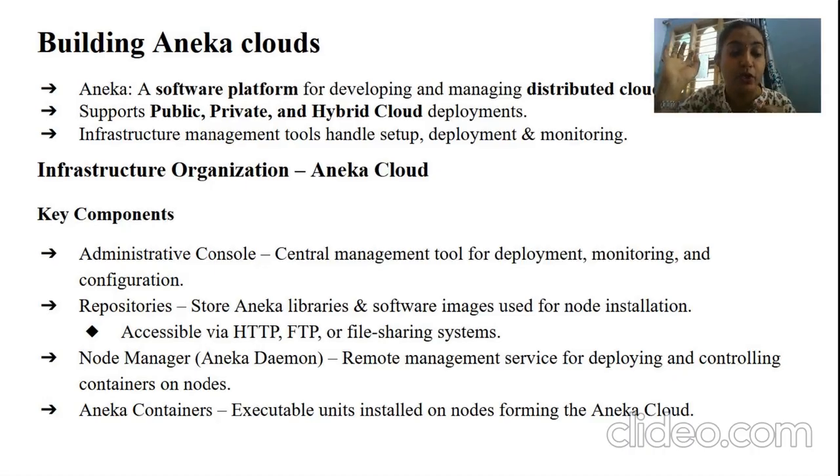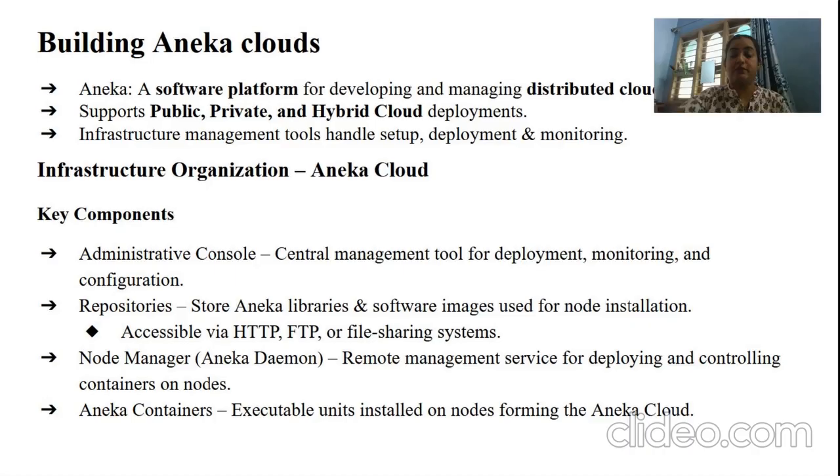Okay. So what are the key components involved in this infrastructure organization? The first and foremost thing is the administrative console, a central management tool for deployment, monitoring, and configuration.